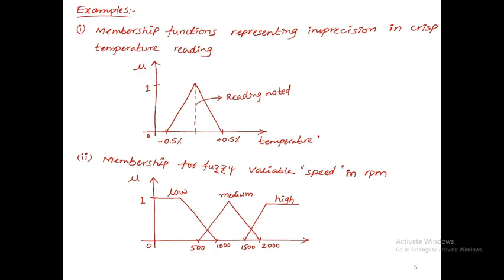That means if you consider a speed between 500 and 1000, let us take some 700 rpm, that 700 rpm will come under the low membership as well as the medium fuzzy function.